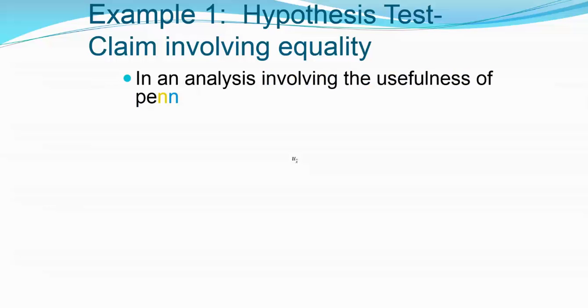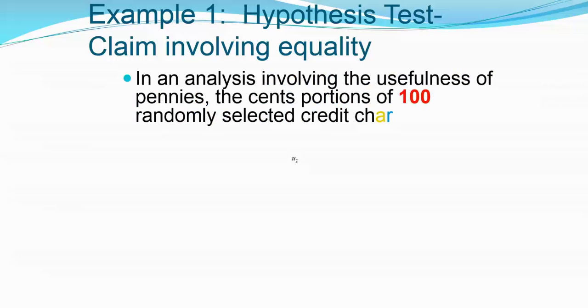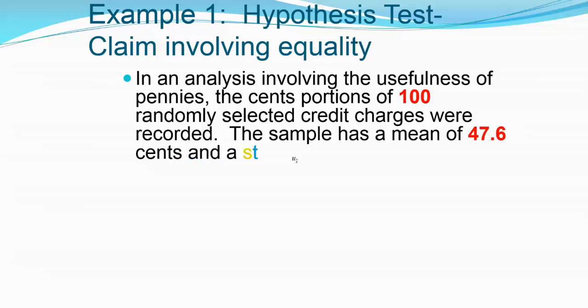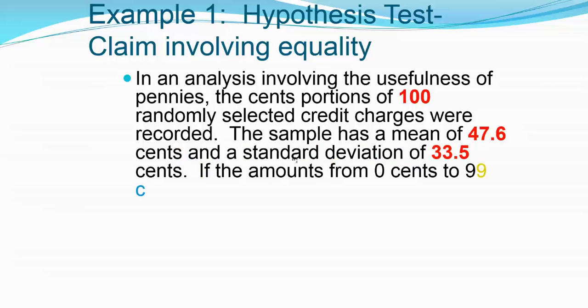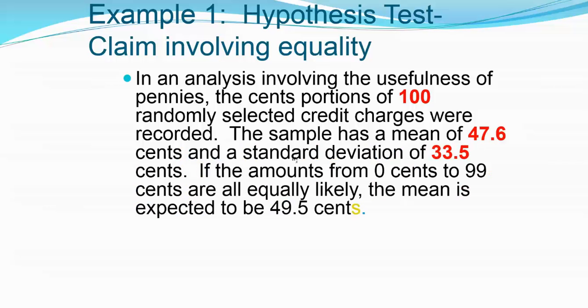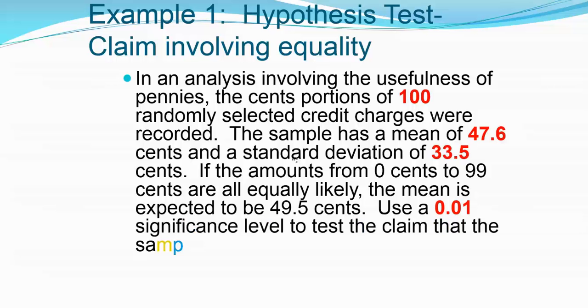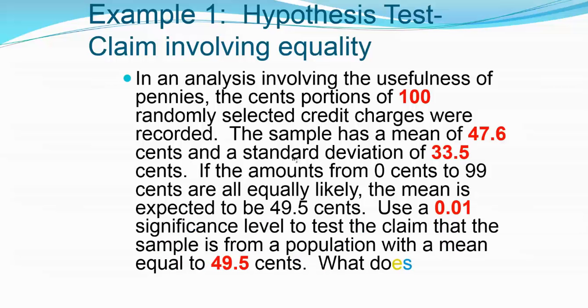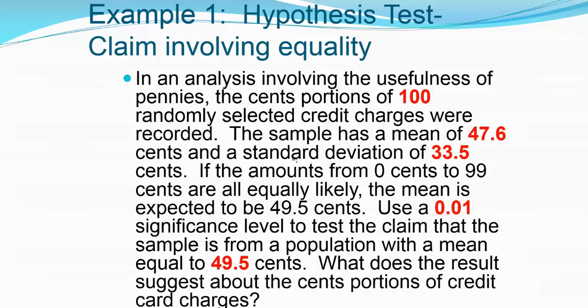Here's our first example. This will involve a claim involving equality. In an analysis involving the usefulness of pennies, the cents portions of 100 randomly selected credit charges were recorded. The sample has a mean of 47.6 cents and a standard deviation of 33.5 cents.